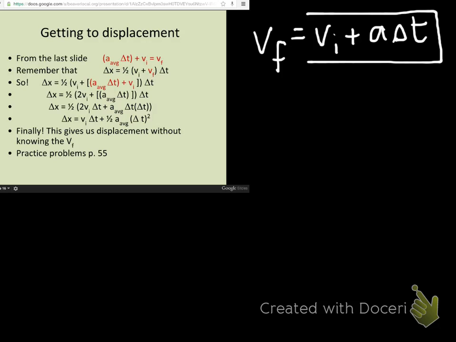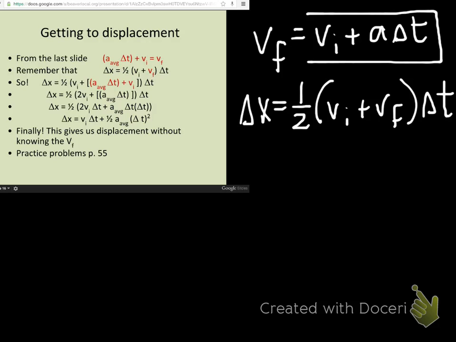Don't forget that from your very first golden equation, delta x equals 1/2 (vi plus vf) delta t. Well, here's the thing. We can take all of this, which is just equal to vf, and we can plug it in right there for vf. Sound monstrous? It's not really.